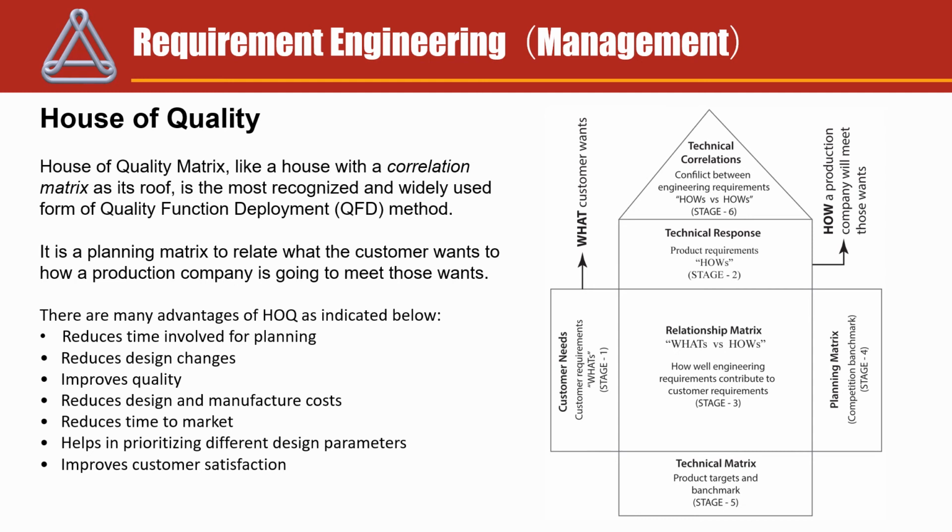And then in this relationship matrix, you can indicate how well they're correlated to one another, and you can get some weighting through this entire house to start looking at the interaction between customer needs and technical response.